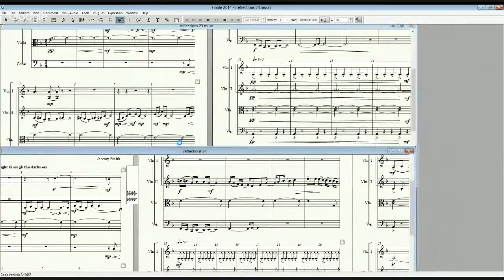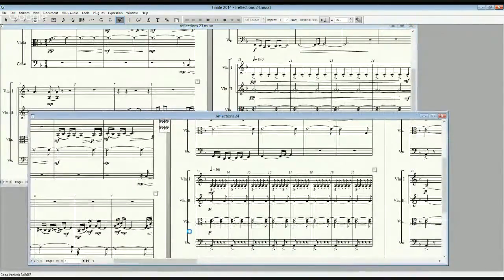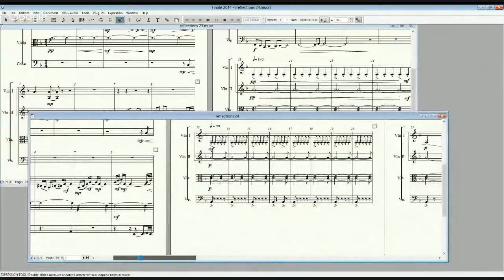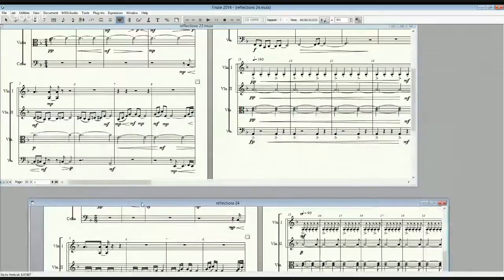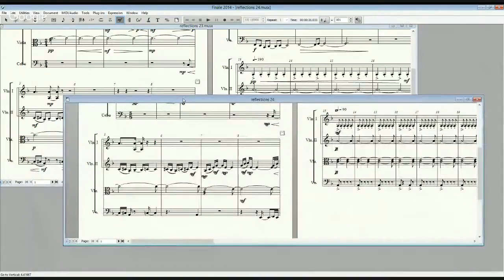Oh wait, no, there's a bottom line of 10 minutes here. Right, so forte, piano, piano.